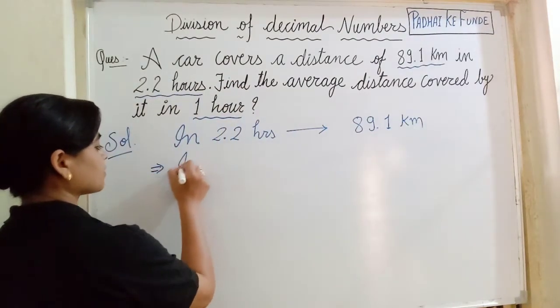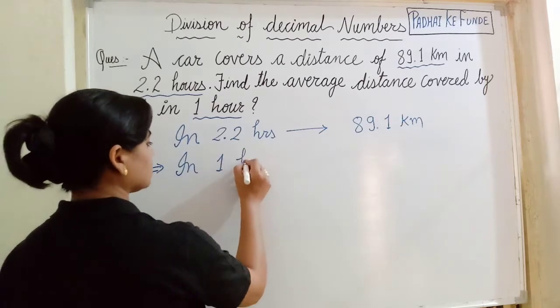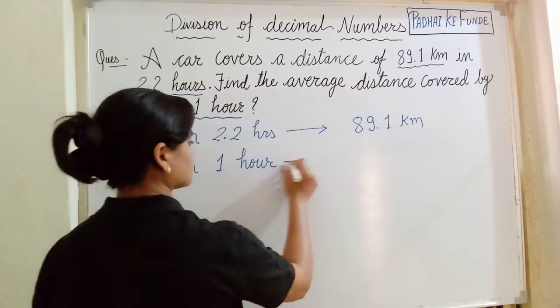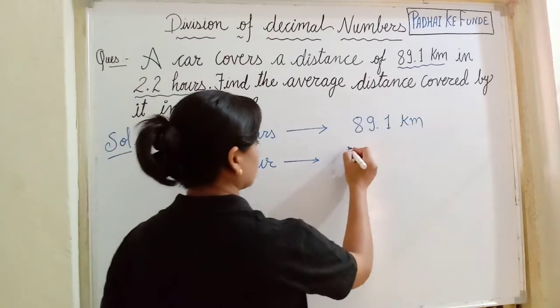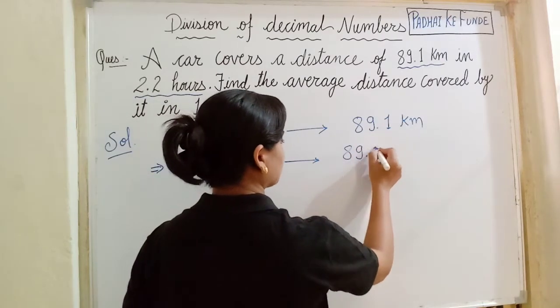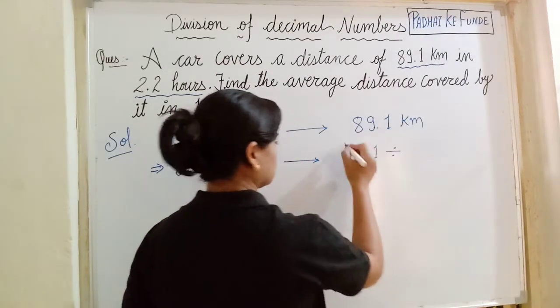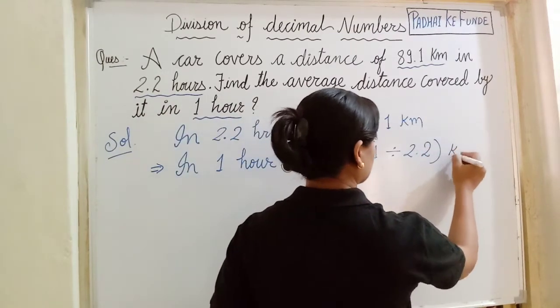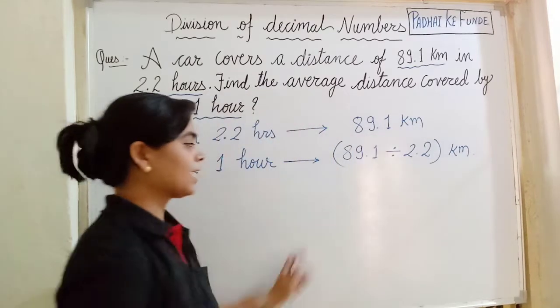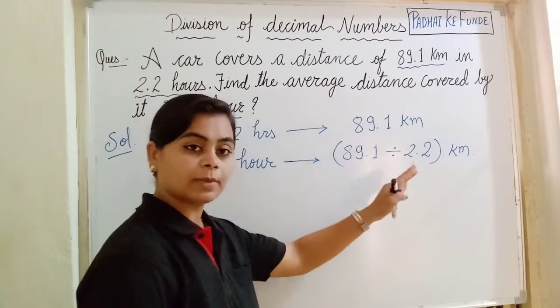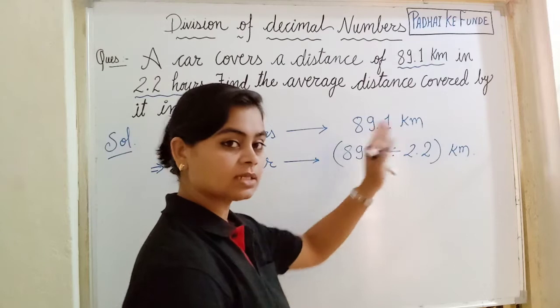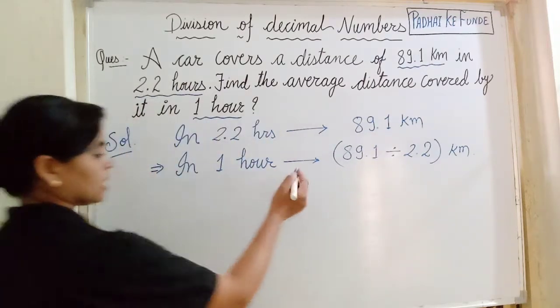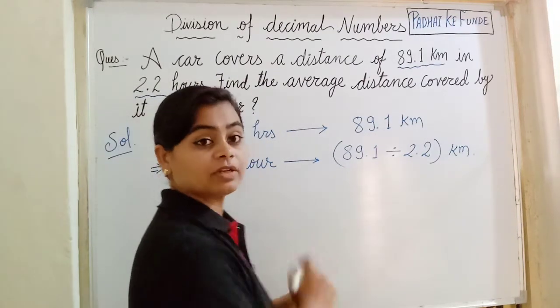This implies that in 1 hour, the car will cover 89.1 divided by 2.2 kilometer. As here we are going to get the distance covered by the car, the unit will be kilometer. Now, here we have the question of division of decimals.